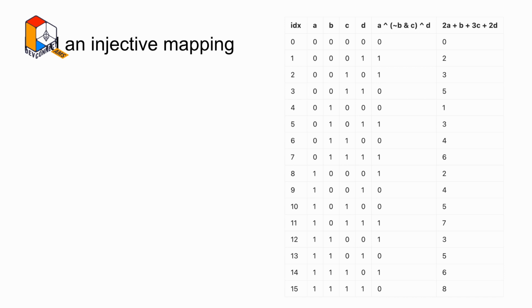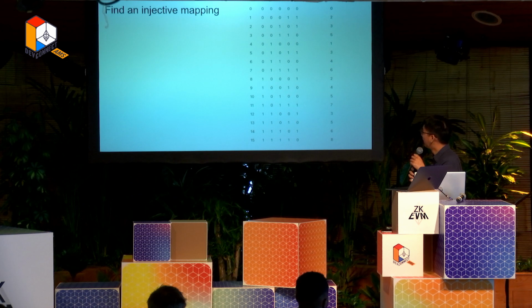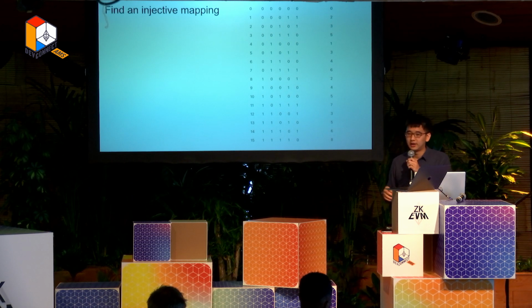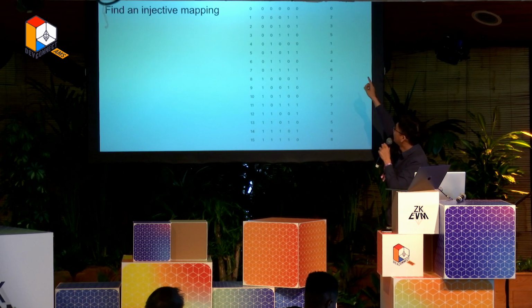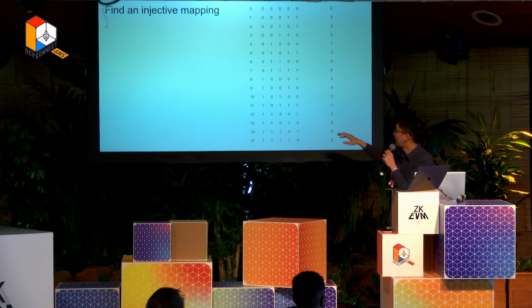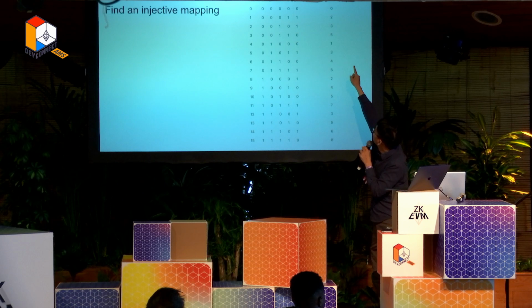And the injective mapping is that, let's say you have A, B, C, D. There are 4 bits, and then you need to perform a complicated bitwise operation like A XOR (NOT B AND C) XOR D. You get the output bits, but you find an arithmetic linear combination of A, B, C, D, and you get the arithmetic sum of this value, but that parameter must satisfy the property that, for example, if the output is 3, 3 always maps to 1.